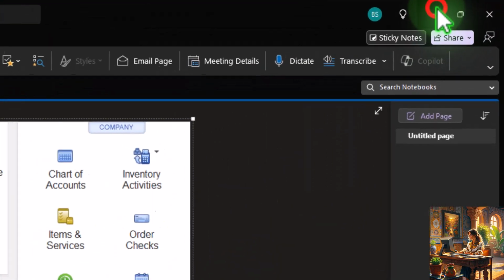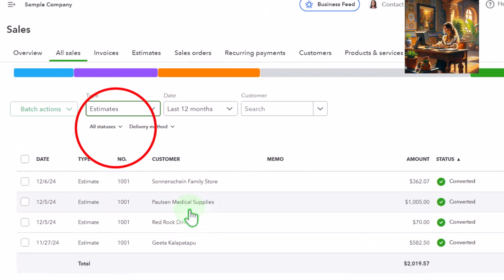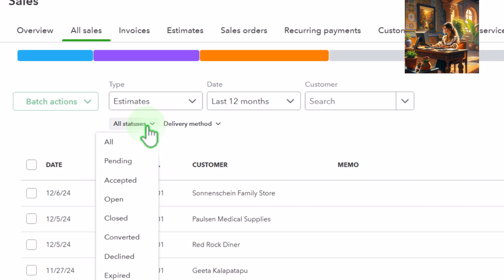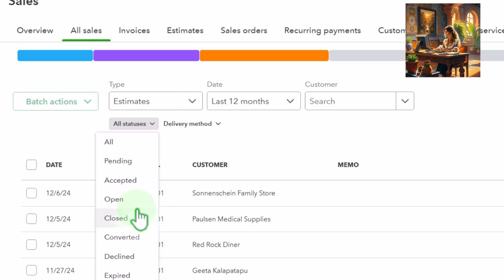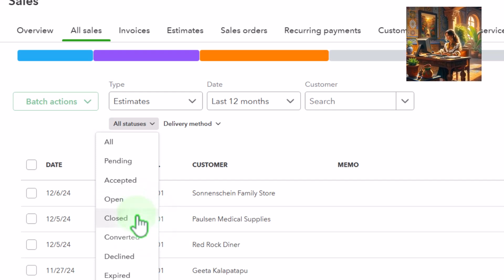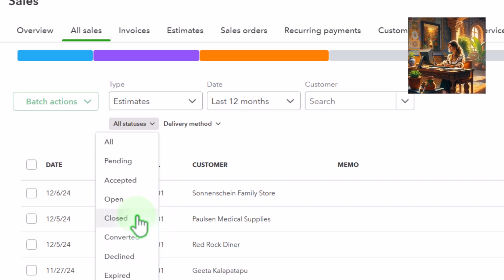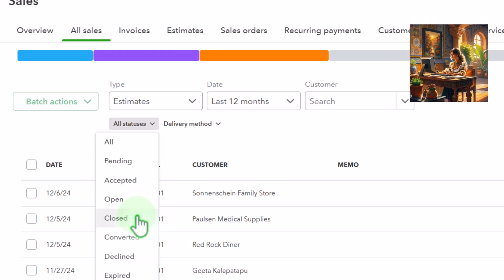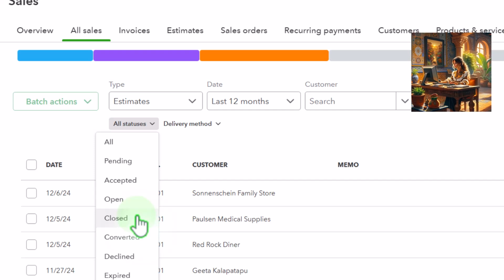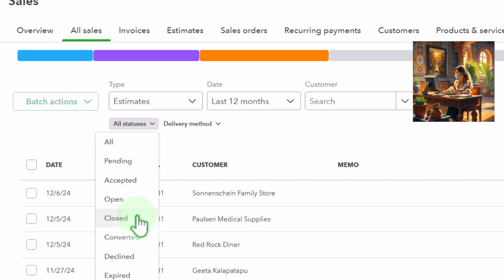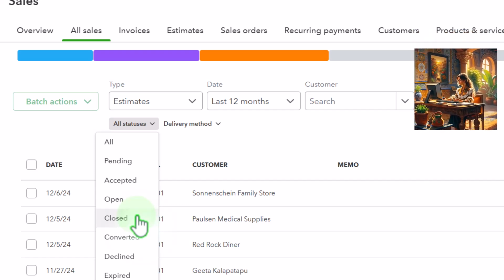So that means that from the estimate side of things, we would like to know the status of the estimates. And typically we have the pending, accepted, open, or closed estimates that might be the different tags that we put on the estimate, so that we can then sort them and see whether or not we want to follow up to see if that particular client would like to follow through with the estimate.